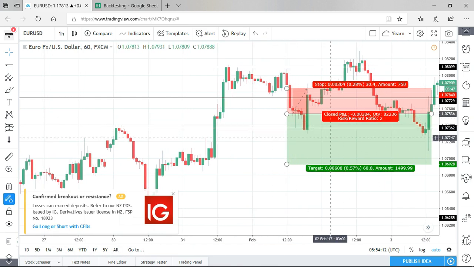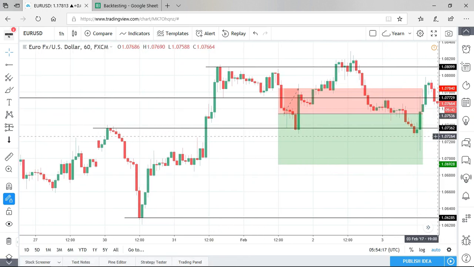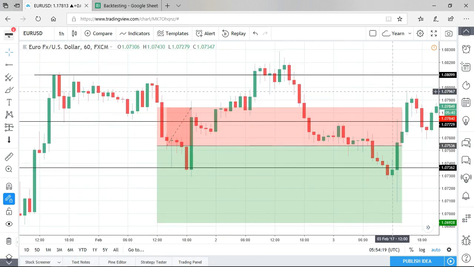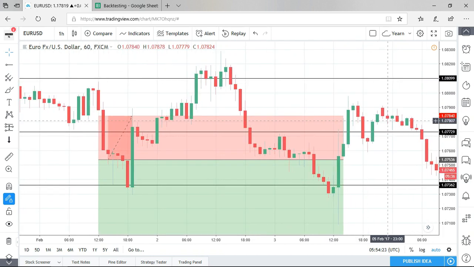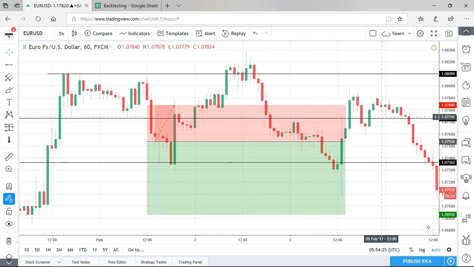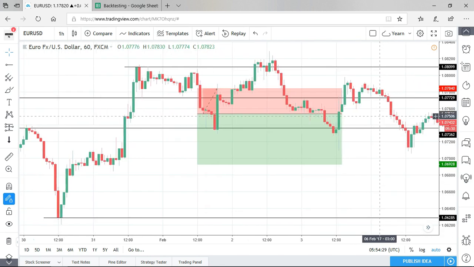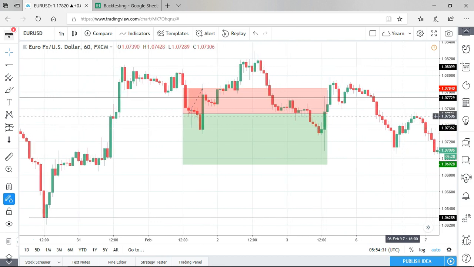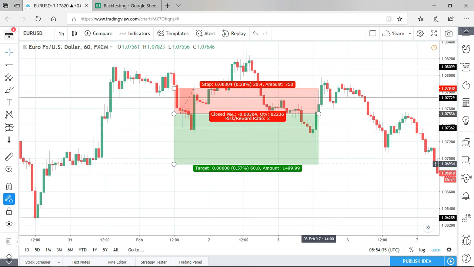And this trade actually doesn't trigger. Let's just see if it does eventually trigger. And there it triggers. We'll just see how this trade plays out. And it eventually reaches the target.